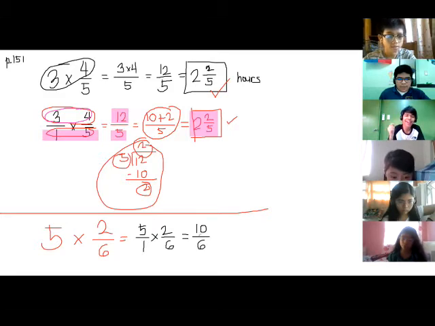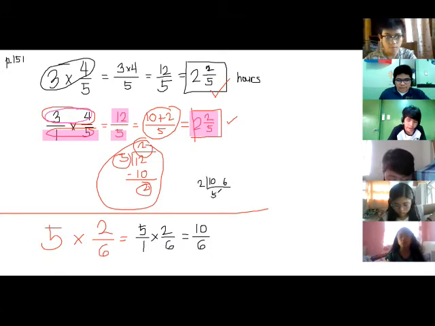Now, you should be familiar with this now. Sila ay may common factor. So, pwede mong i-simplify. If you want to simplify, pwede mo silang i-continuous division hanggang sa wala ka nang pwedeng i-divide. So, 10 divided by 2, that's 5. And then, 6 divided by 2 is 3.